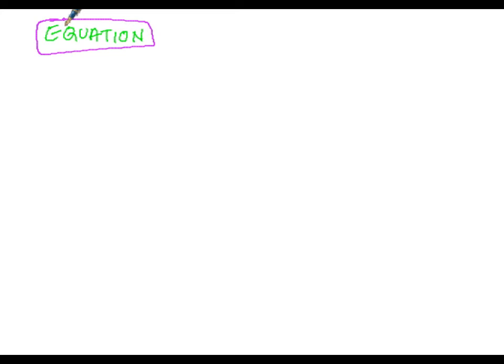In case of equations, let us know about the linear equations. But before going to that, let me define an equation.